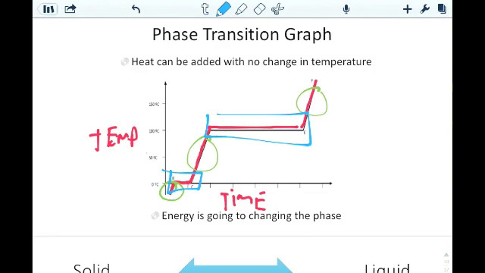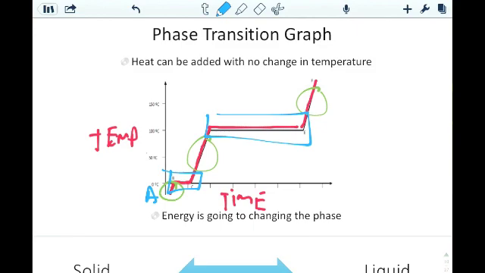At the plateaus, you're adding energy and heat to the system, but you don't see a change in temperature. What this means is that at the plateaus, you're changing phase. So we'll label the first one, that first green slope that I circled, as A.